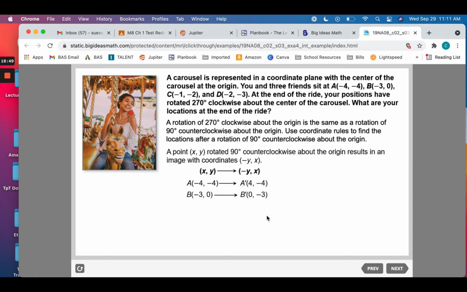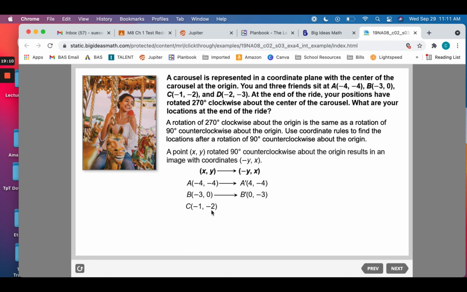Okay, my other friend sat at (-1, -2). So we flip it and then change which sign? Y. Yes, which is now what? 1. I want to know the number. No, this moves over here. -1.